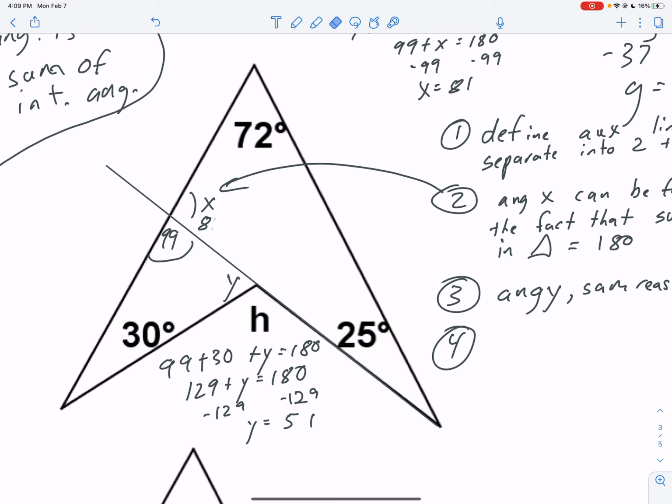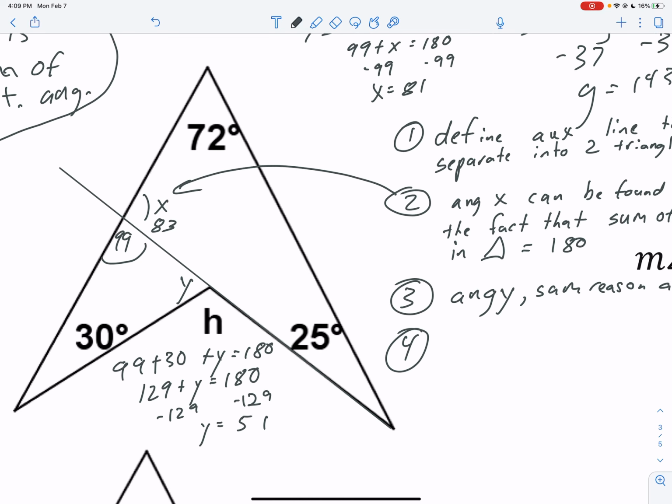This is 83, I believe. This is 97. 97 is what you get when you add 72 and 25. You get 97. I don't know why you guys didn't stop me. Oof, oof. Now, if that happens to you, I forgive you.